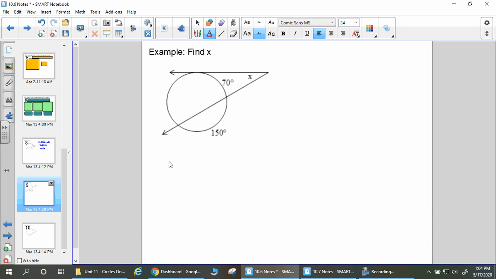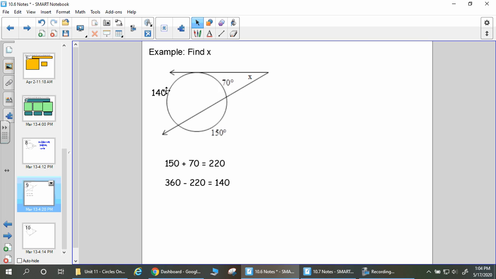So what we have to think of is, how big are circles and how can I find the part that's missing here? First thing, 150 plus 70 is going to equal 220, okay? That's how much of the circle I know, and I'm trying to find that missing piece. If a whole circle is 360 and I subtract the 220, that leaves me with 140. So this missing piece over here is 140. I want to fill that in.